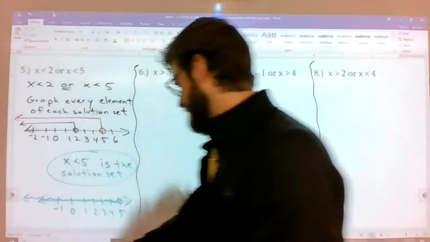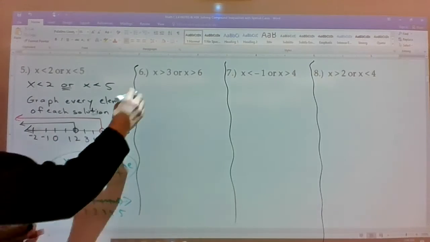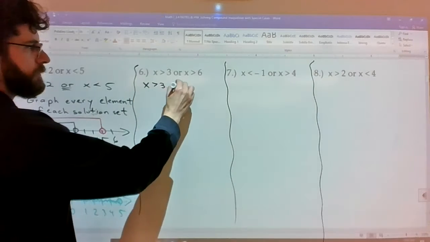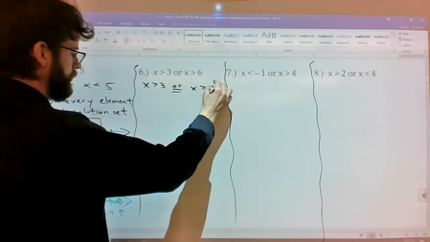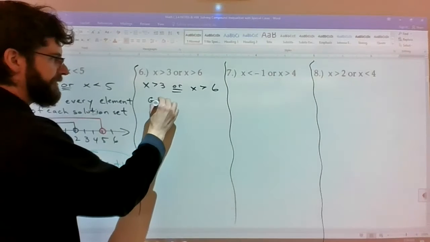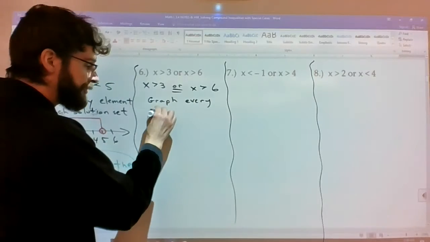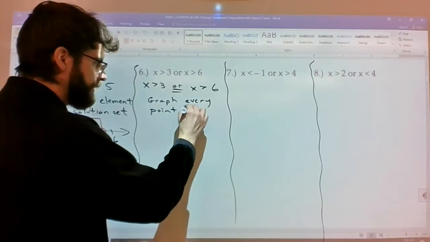All right, do the same thing with number 6. So or means graph every element, or every point, of the solution set. So graph every point of both solution sets.